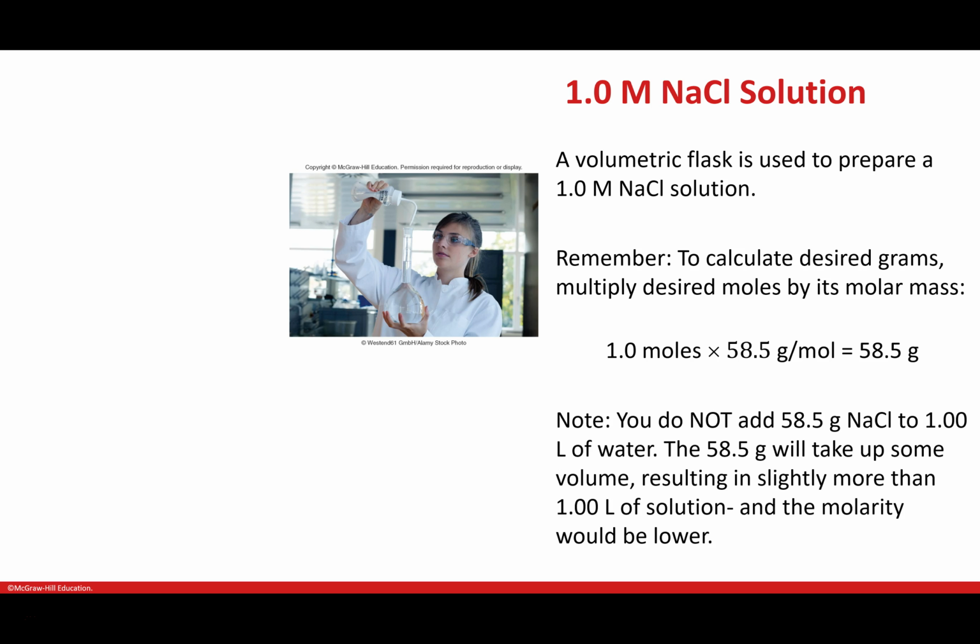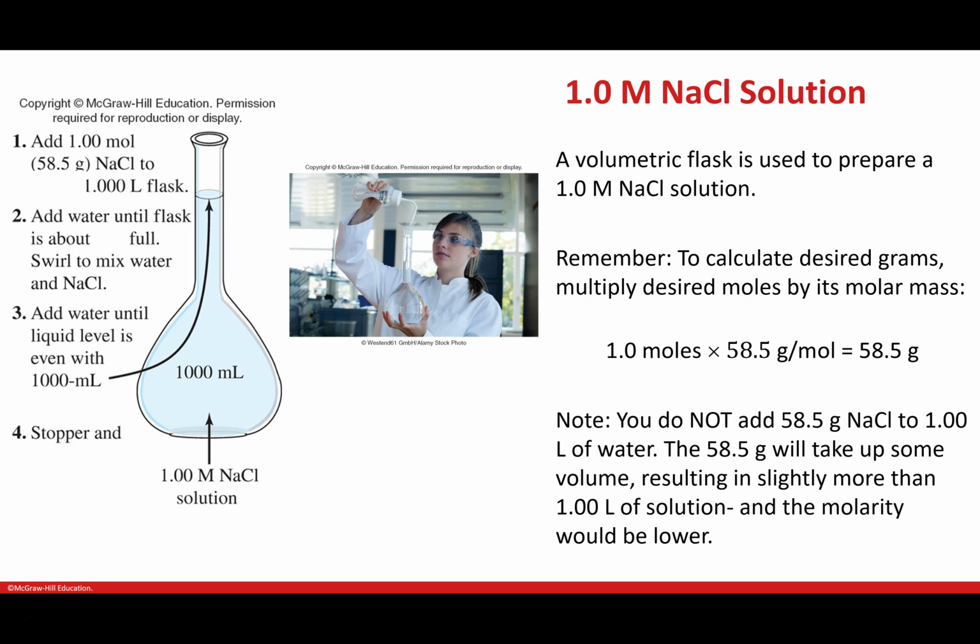This says be careful that you don't get your 1 liter of solvent first and then add your sodium chloride, your solute, because the solute is going to displace some of your water. You're going to have too much liquid. Talking you through it, step one is empty.